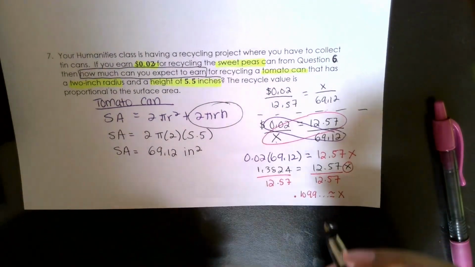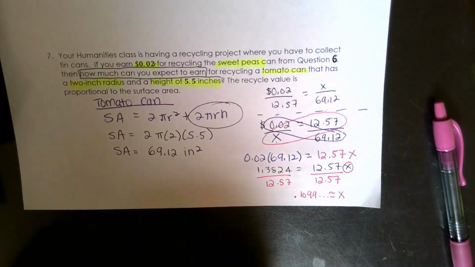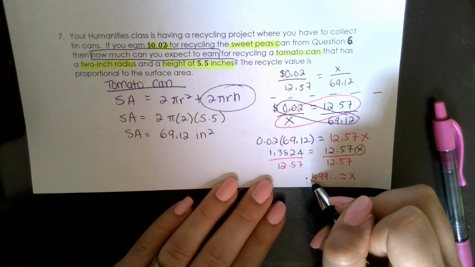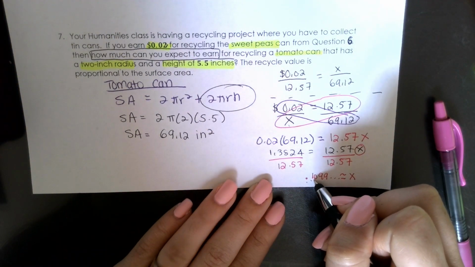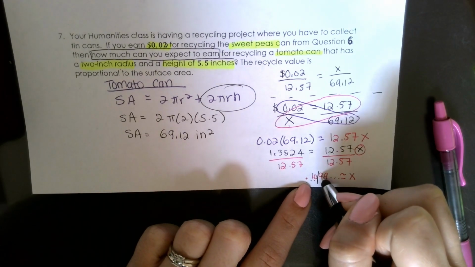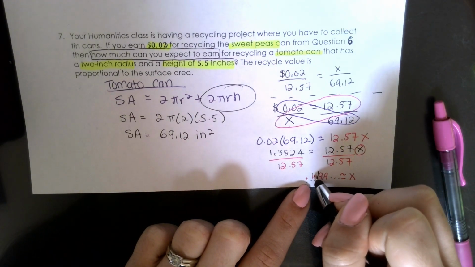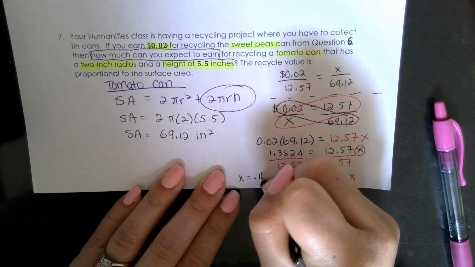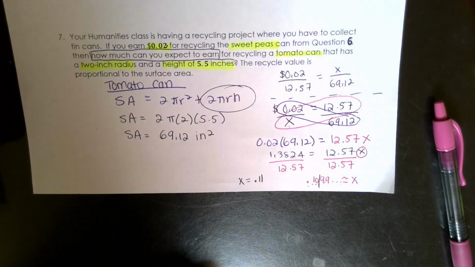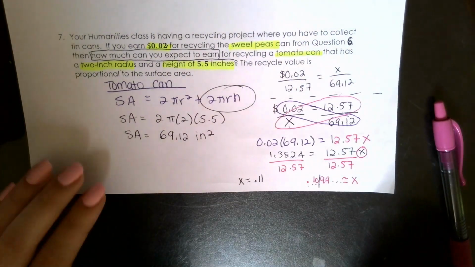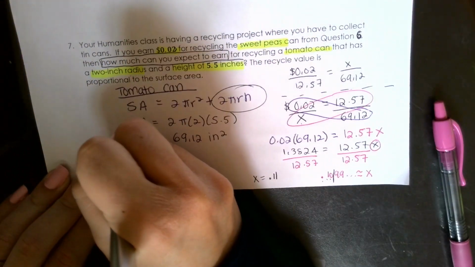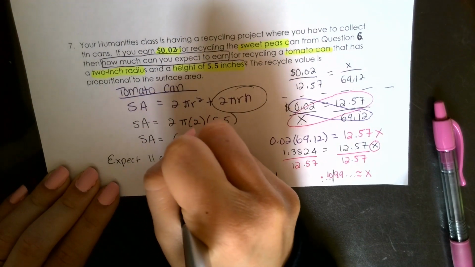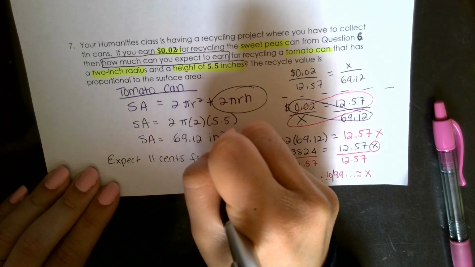We're dealing with money, right? So this is in cents. So go to the nearest hundredth. We stop right here. Because that 9 is greater than 5, you round up. So X is going to be 0.11. That means you'll earn 11 cents. So expect 11 cents from the tomato can.